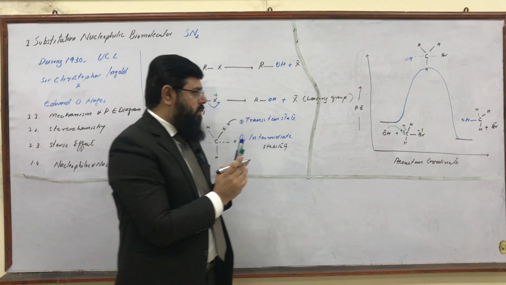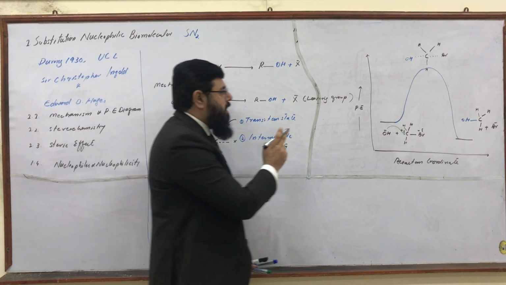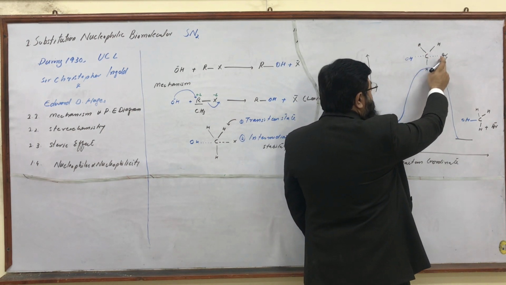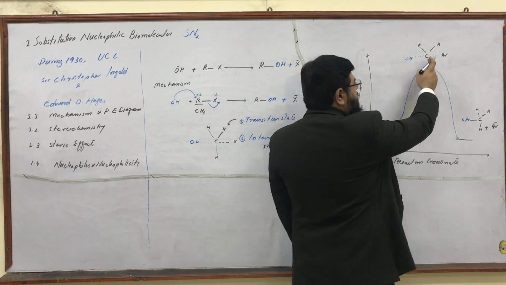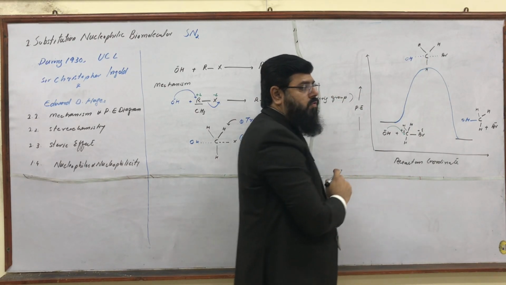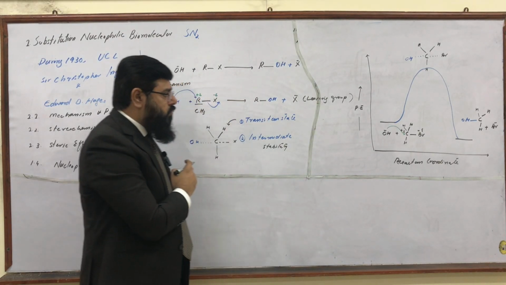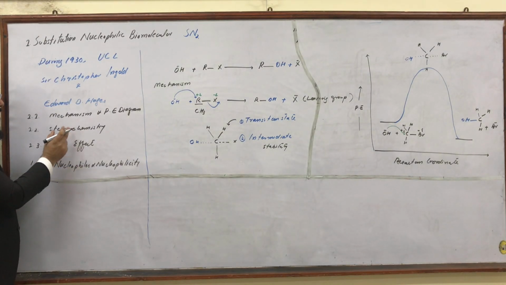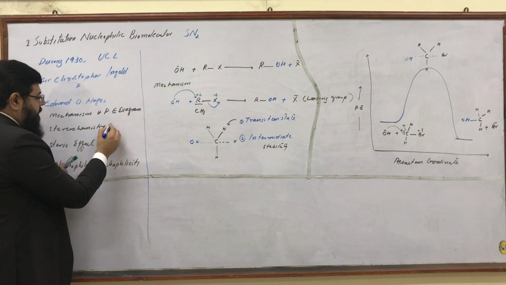Here we can notice one more thing, that the nucleophile can only attack from the back side of the already attached leaving group, because this side is always occupied. The only possibility for the attacking nucleophile is from the back side. So in SN2 reactions, the stereochemistry is always stereospecific.